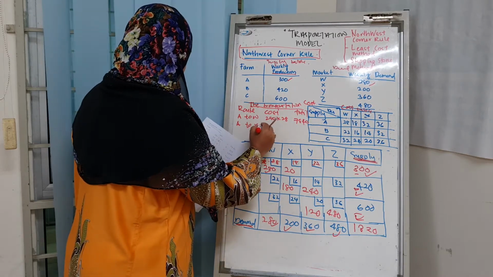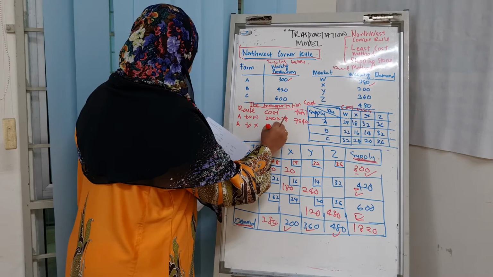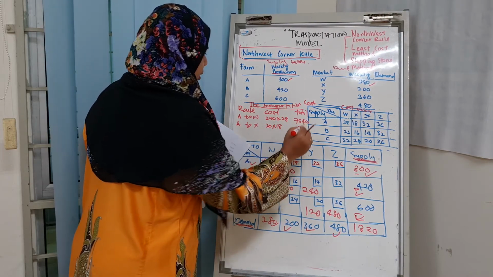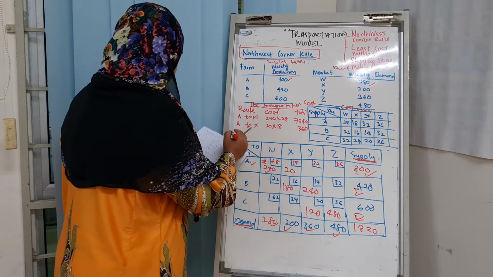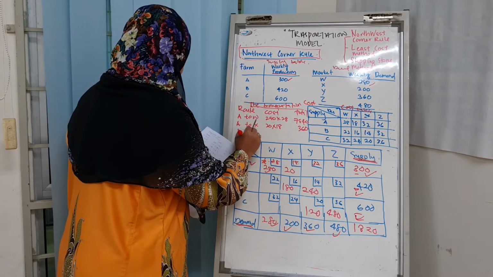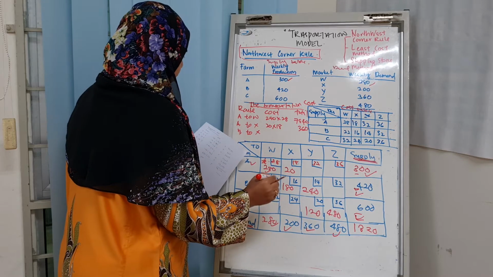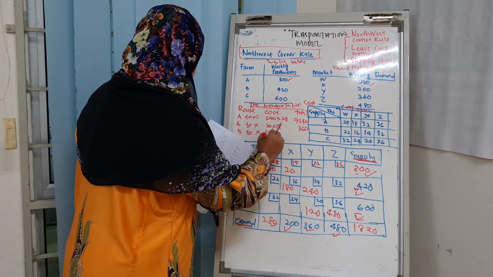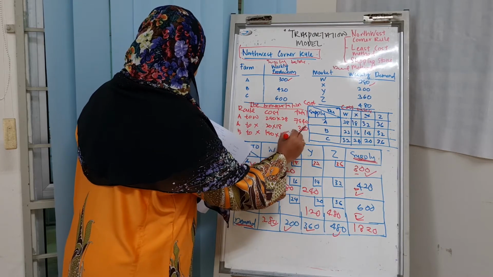Then A to X is 20 times 18, and you will get 360. And then B to X, 180 times 16, you will get 2880.